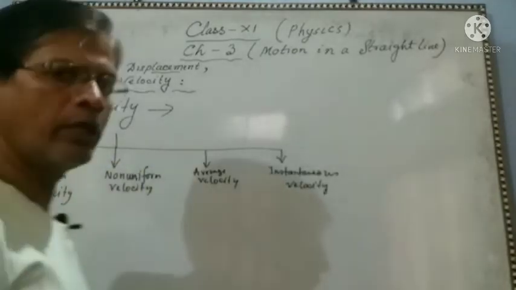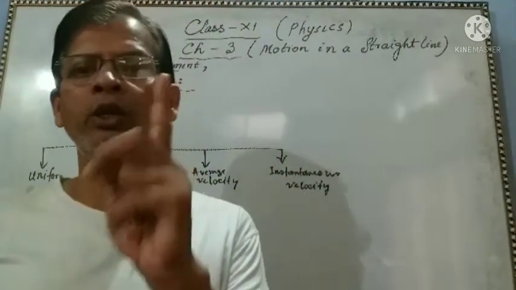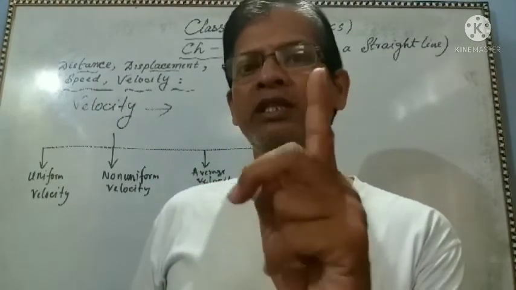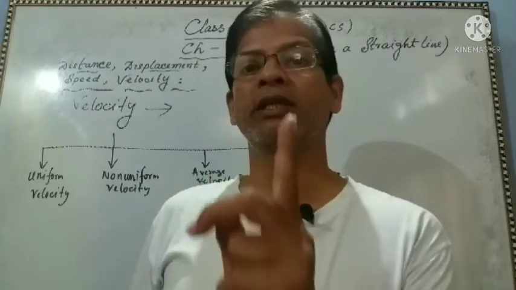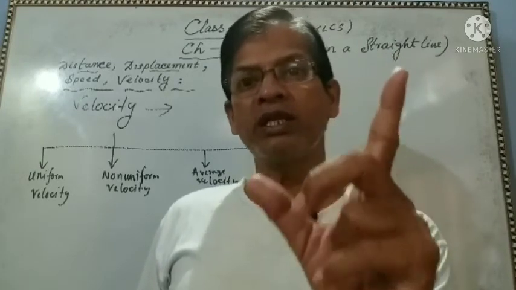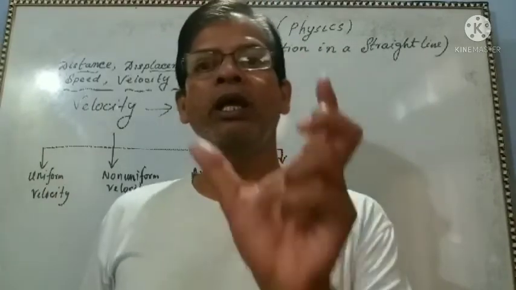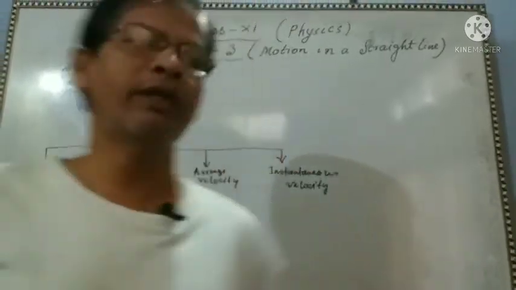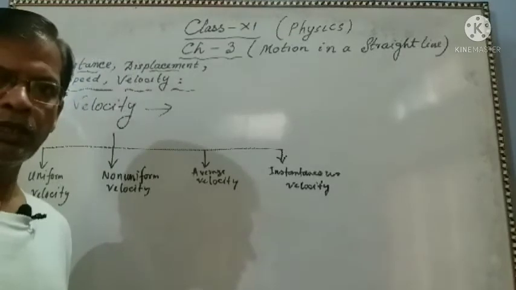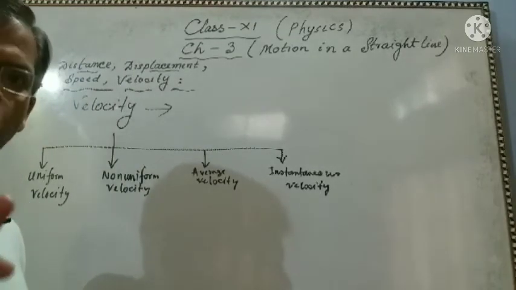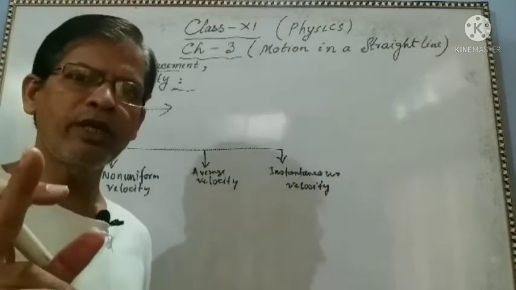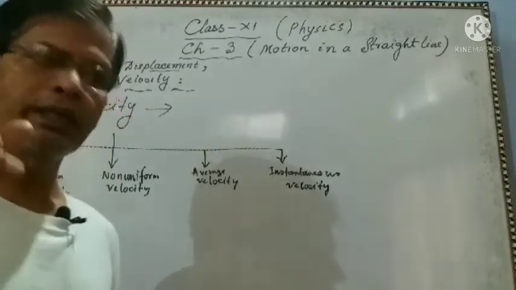Uniform velocity means an object covers equal displacement in equal intervals of time. Displacement means distance plus direction. In case of speed, we said equal distance traveled in equal intervals of time; here we say equal displacement. Non-uniform velocity means an object covers equal displacement in unequal intervals of time.